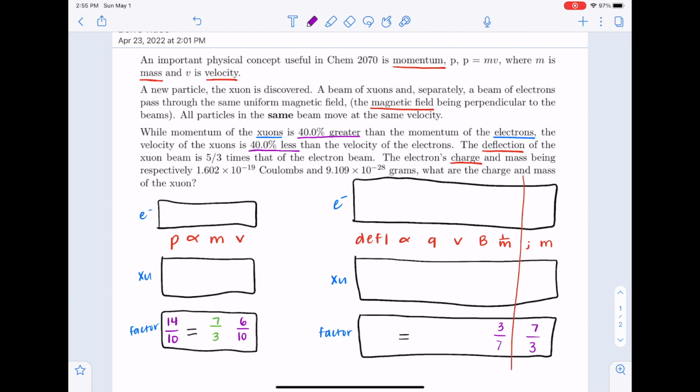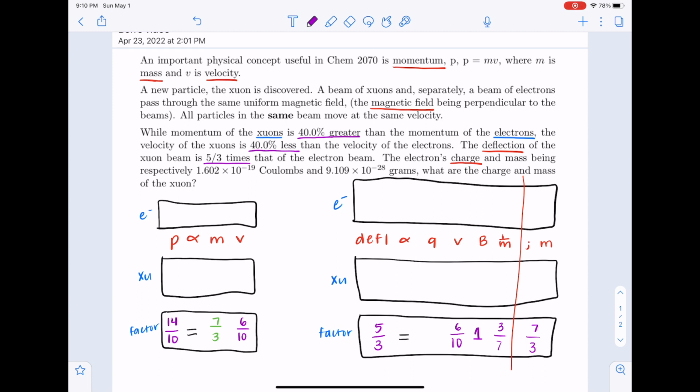So since we know that in the problem, both the electron and the gluons are passing through the same magnetic field, the factor for the magnetic field is going to be 1, because they're the same for the gluon and the electron. Next, we see that the problem tells us that the deflection of the gluon is 5/3 times that of the electron beam, which makes the deflection factor 5 over 3. Finally, we can also transfer the factor we got for velocity in the first table into the second table, 6 over 10.